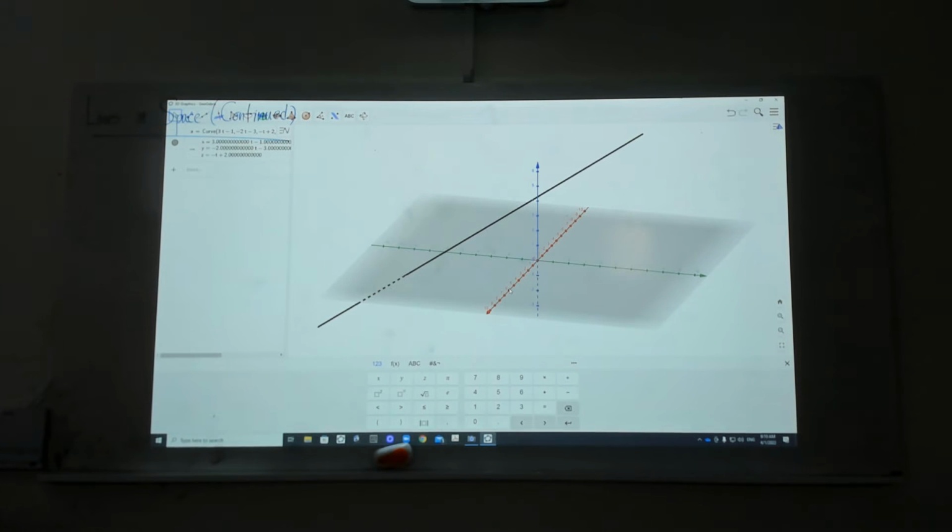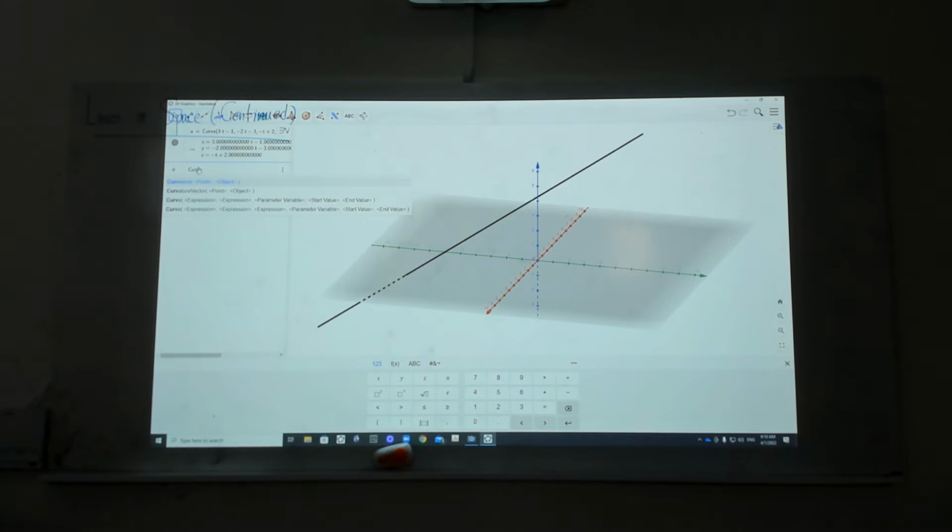If I take the green one to be x and the red one to be y, then according to the right hand rule, the z direction should be opposite. So if I want to work with a right-handed coordinate system, the red one should be x, the green one should be y, and then this one is z.